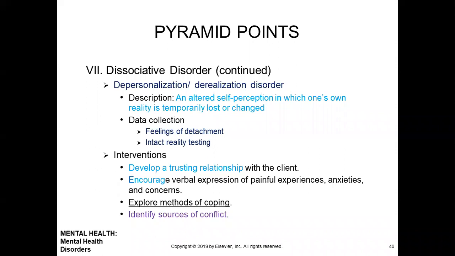So what are the interventions or nursing care? Develop a trusting relationship. When we talk to the patient, we should introduce ourselves, who I am, then make a good trustable relationship. It is our ethical principle. Encourage verbal expression of painful experience.